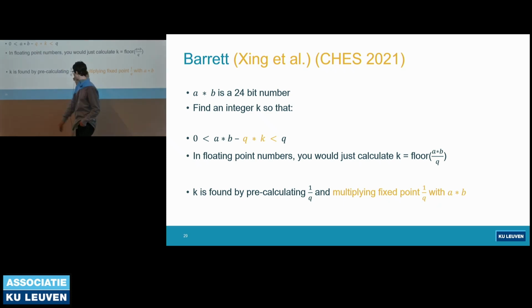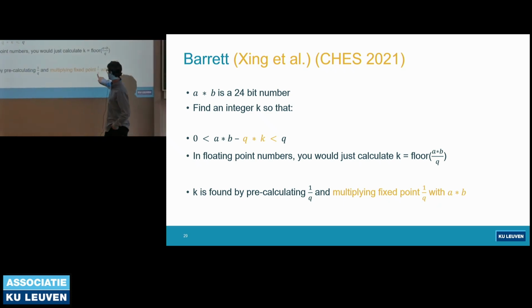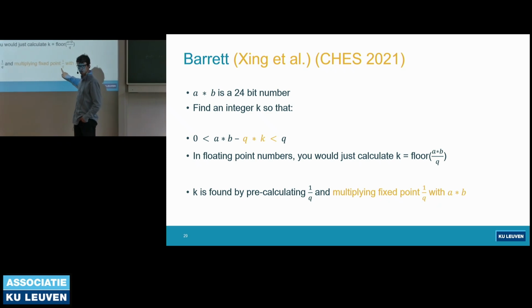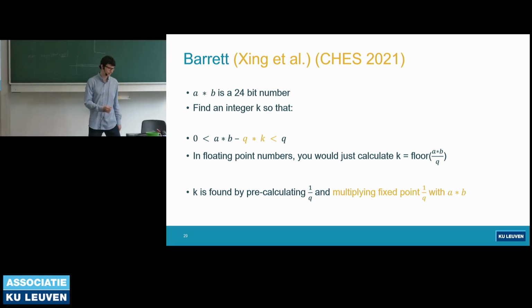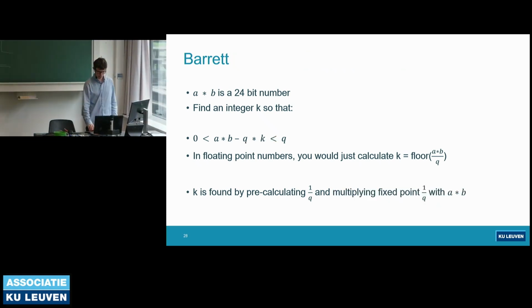It doesn't change. And similarly, 1 over q, we know this. We don't have to store it in memory, we just have to build a circuit that does the same shifts and additions that multiplying with 1 over q would do. And this gets you a really nice reduction, and this really simple idea is already very efficient. Okay.